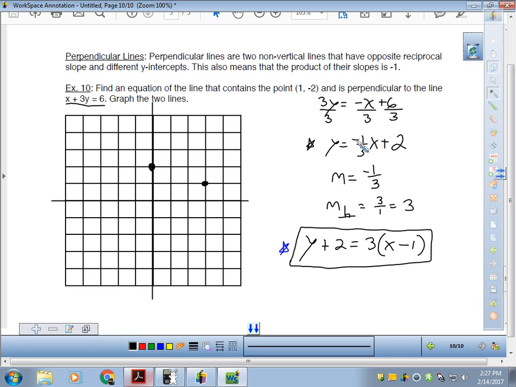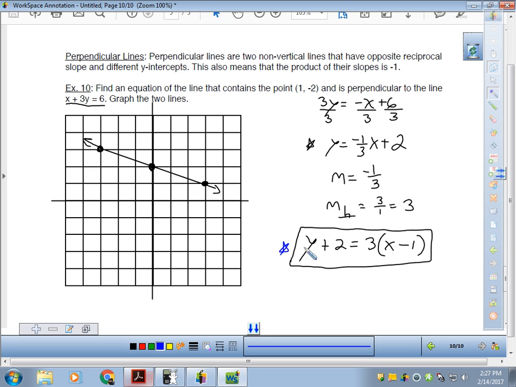I could also put the negative on the bottom. If I did that, it would be up 1 and to the left 3. Once I have a couple points, then I can connect them together. And I can put arrows on these to show that they do continue forever in both directions.